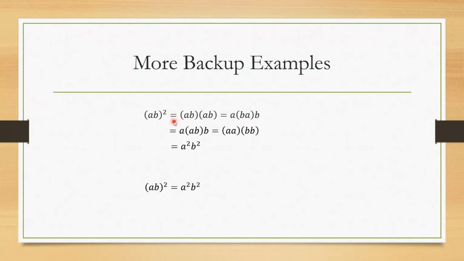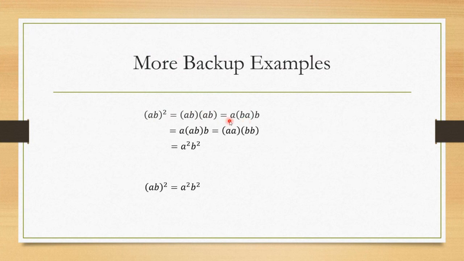Well, if you do a times b and you square it, we know that's equal to a times b times a times b. Well, by associativity, when you're multiplying, you can group in any order you want. That's what associativity tells us. So we get this.